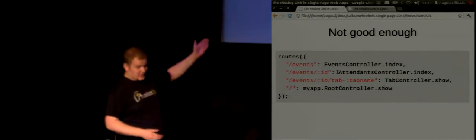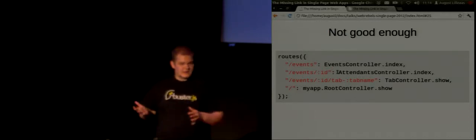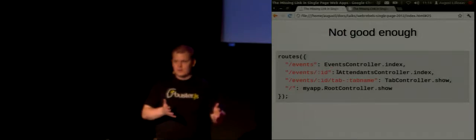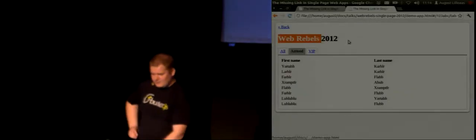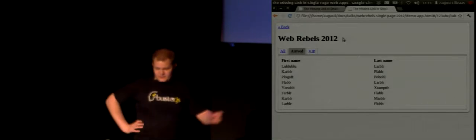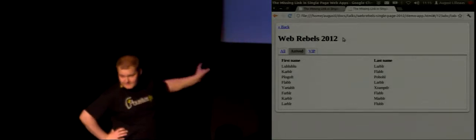So if I were to use this method, which I am not, when I get to events / ID of the event / tab and then the name of a tab, I have to do different things depending on whether I click the tab or load the tab from the URL. So when I refresh the page now, you can see that it loads the back button, the header, the other tabs, and then the content for that specific tab.